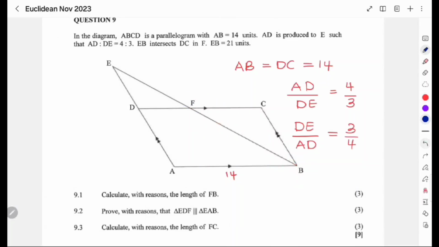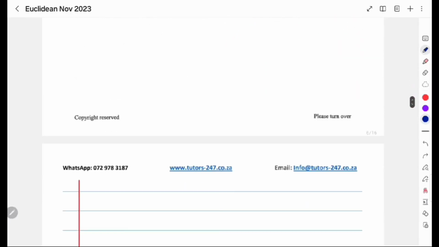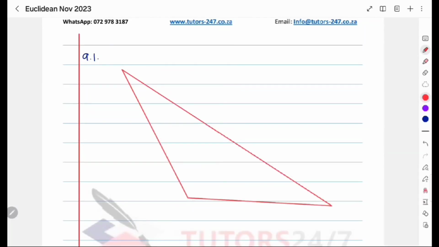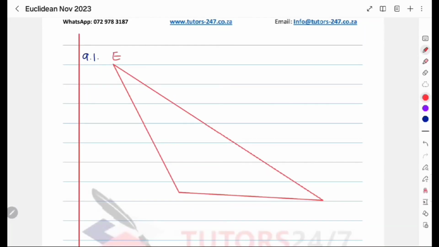Please take note that we have the length EB and we also have the ratio AD over DE. So we are going to use the theorem of Pythagoras to find FB. So let us quickly sketch this triangle. So we have this triangle and it is called EAB.